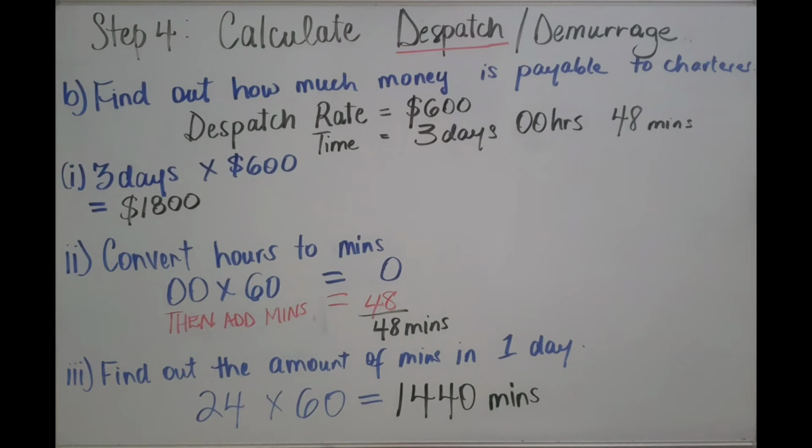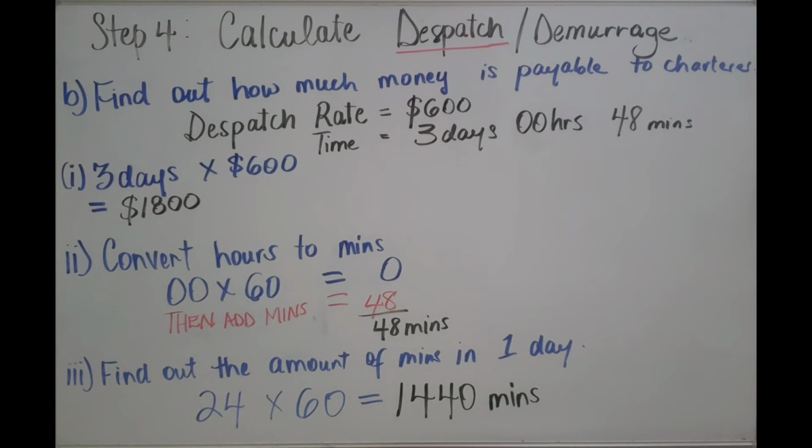Because we only have 48 minutes, we cannot fit it into hours, so it's easier for us to just convert to minutes. So we have to convert our hours to minutes. Remember, I'm doing this so you know what to do when you get a question that has hours.